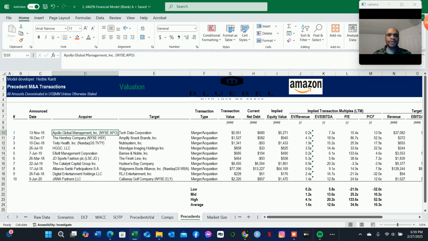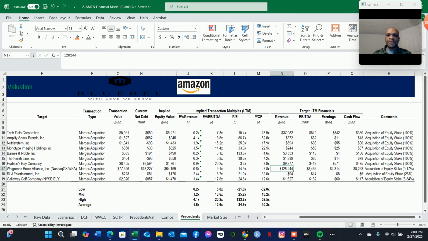We have the acquirer, we have the target here and the transaction type, and then we brought in their metrics such as their transaction value, which is the enterprise value, and we were able to determine the implied equity value based on the current net debt as a result of that, and then we were able to determine the implied transaction multiples based on their current capitalization and the last 12 months financials for the target company.